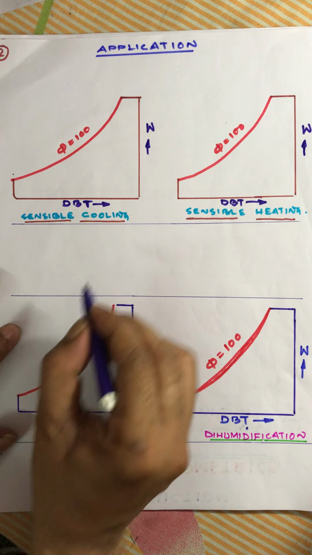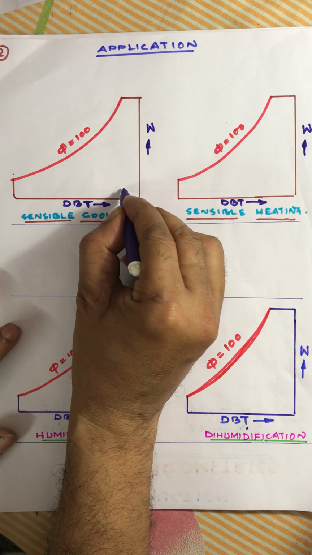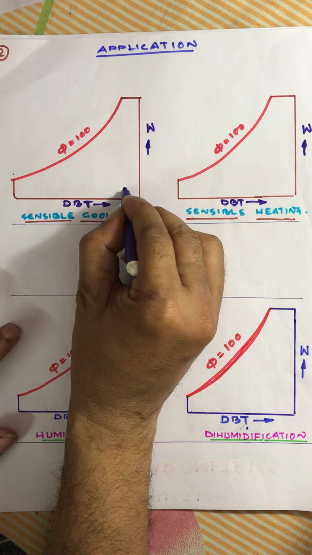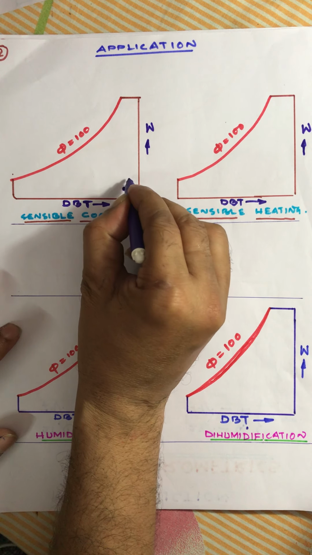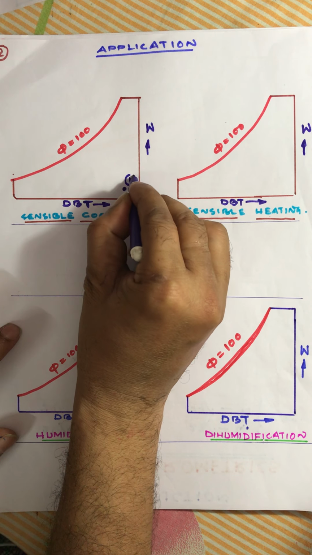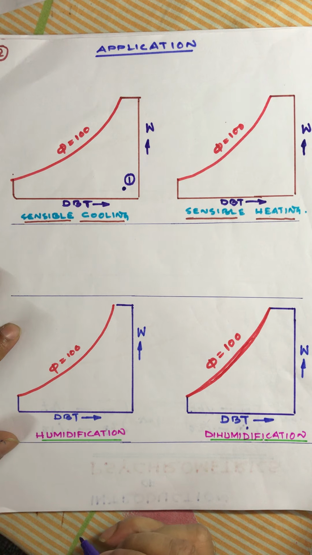Sensible cooling, that means if you consider this is the initial state, suppose this is the initial state of the room air.